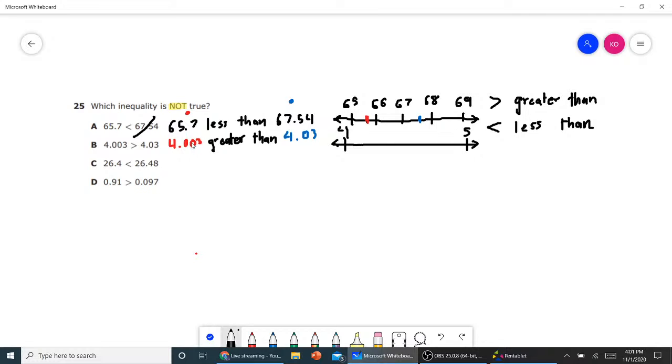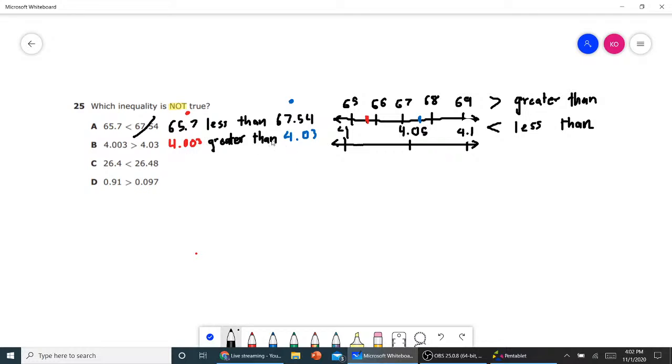We can narrow the range so that it would be 4.1. That's a better strategy. And then you make the middle 4.05.